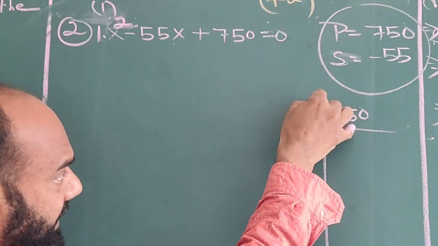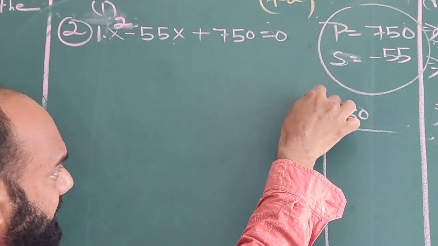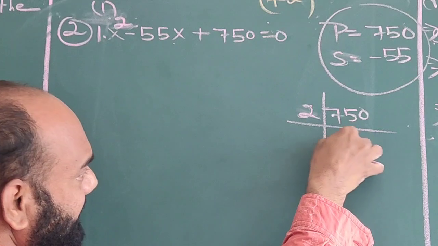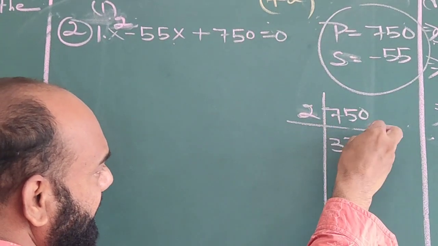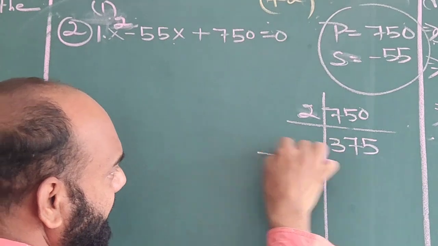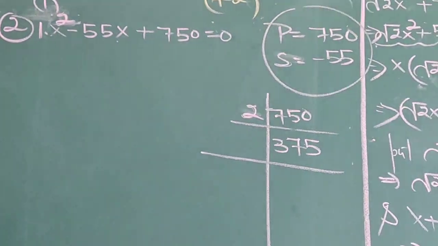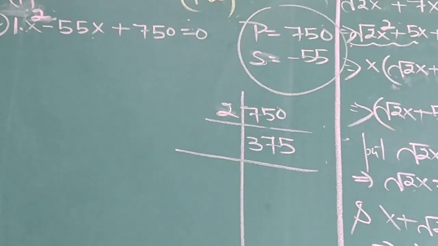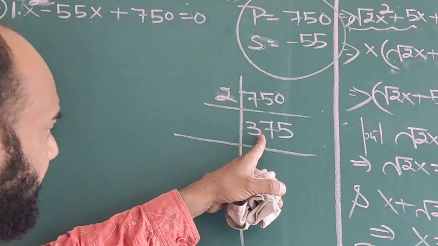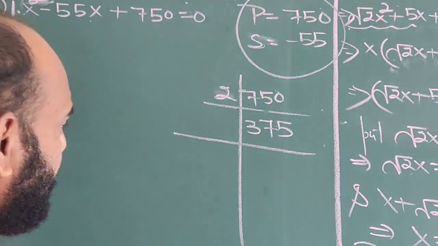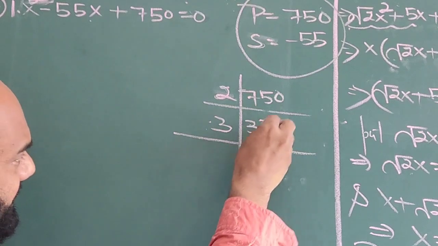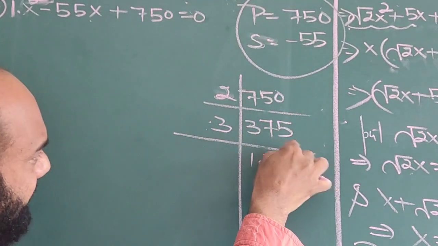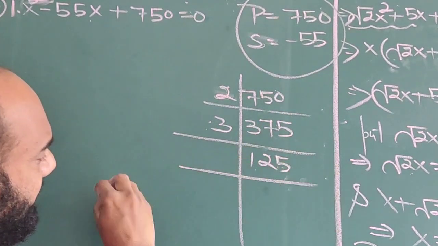this will be divisible by 2 because it is an even number. 2 3s are 6, and 7 2s are 14, and 5 2s are 10. Next, it will be divided by 3. 3 1s are 3, 3 2s are 6, and 15, 3 5s are 15.